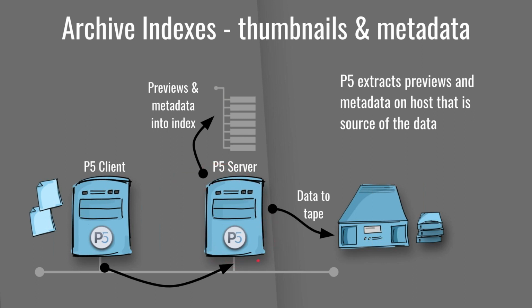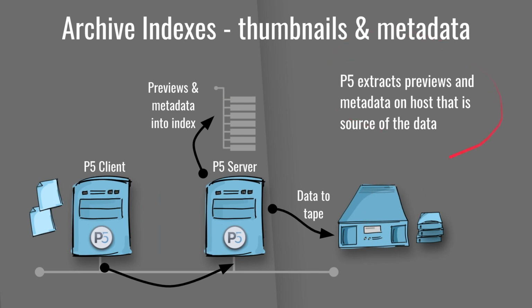And then the P5 server takes each file, it writes the database, the index with all of the metadata, the previews, the file names, the modification dates, and then it buries the data away on the tape, disk, or cloud storage as determined by the pool that you've got P5 configured to use.